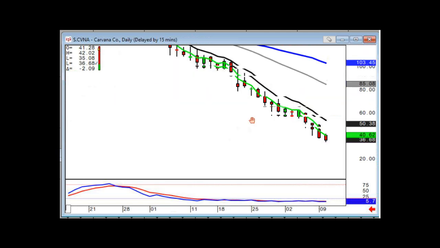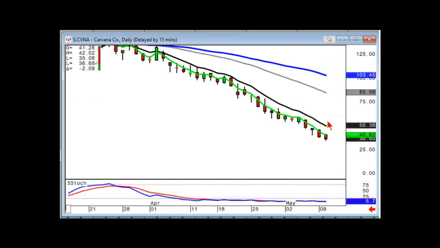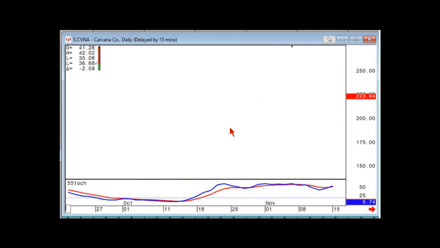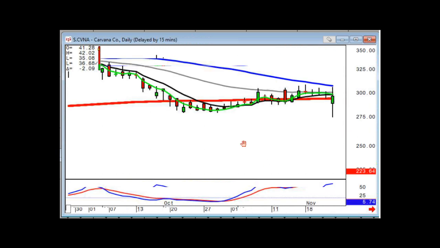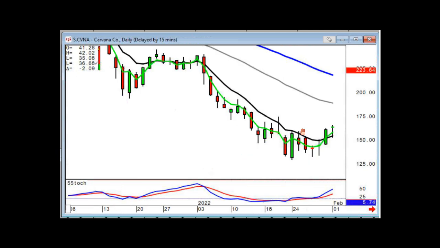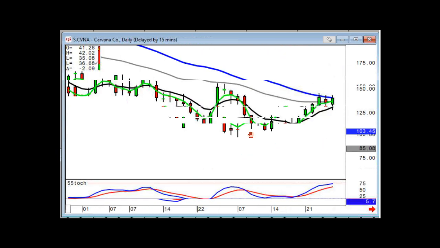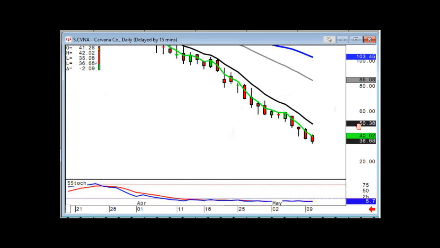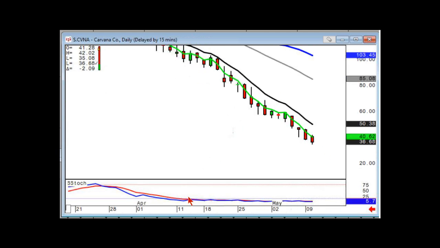Carvana. Now again, this stock's gone from 375 to 36. Where could it go? I think it could go way back here somewhere. It was down to 24 before it started its uptrend. So could it go to 24? It's been oversold.